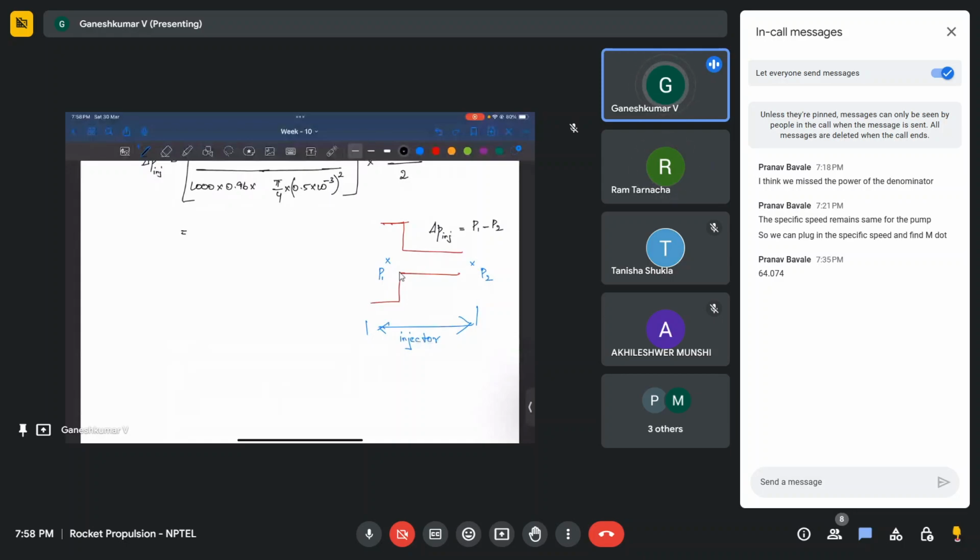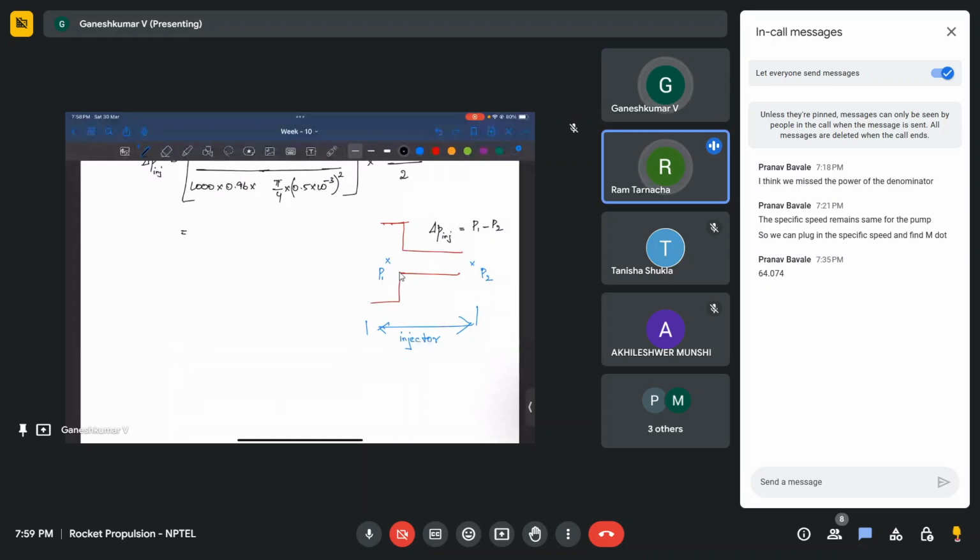Isn't that what is asked in the question? We are asked to find the injector pressure drop, so basically the delta P. Was that your question, Tanisha? So we do not find separate pressure.